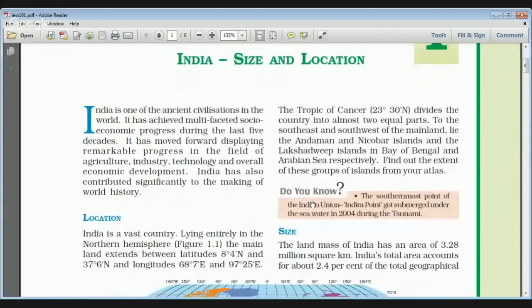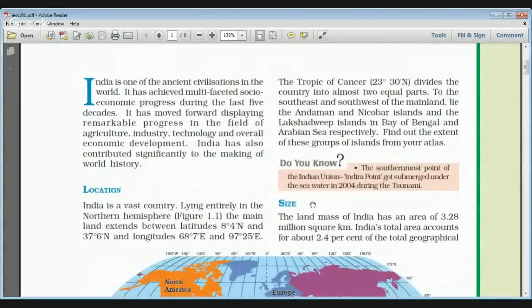And if you see the southeast and southwest of the mainland, in the southeast portion lies the Andaman and Nicobar Islands, and in the southwest lies the Lakshadweep Islands. Andaman and Nicobar is located in the Bay of Bengal, and the Lakshadweep Islands are located in the Arabian Sea.